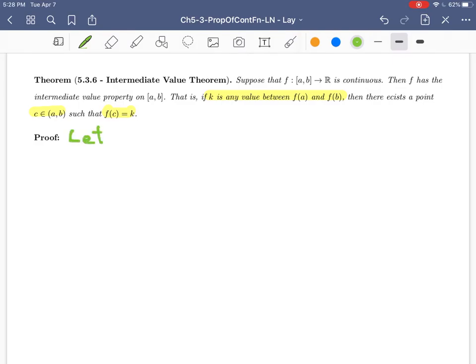So let k be a number between f of a and f of b.